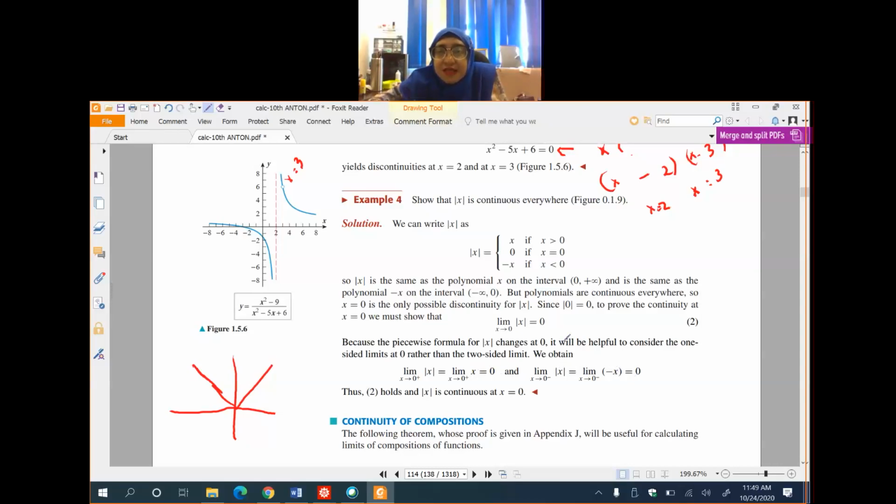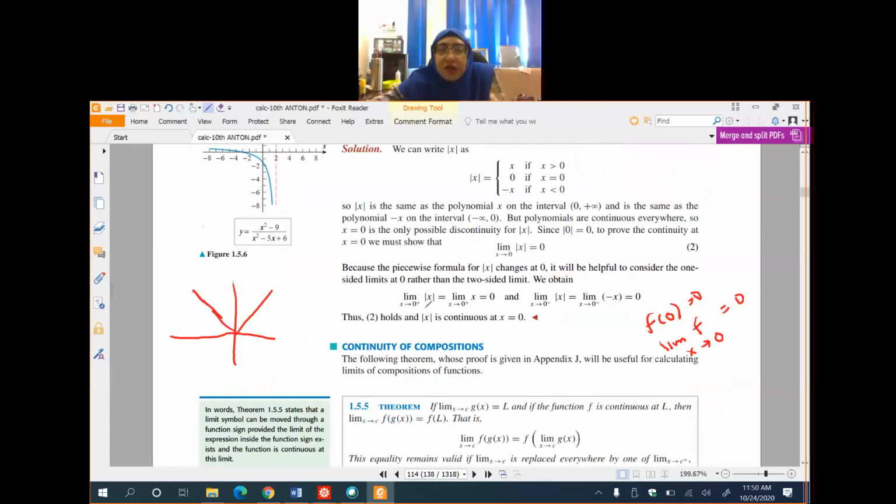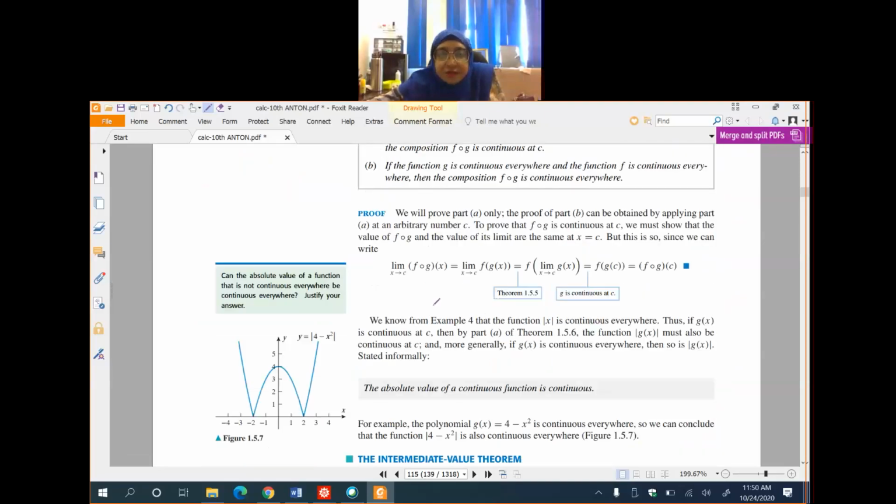It means that the limit exists, and it is equal to f of 0. f of 0 is equal to 0, and it is equal to the limit of f(x) as x tends to 0 from either side. Since these are equal, we know that the absolute value of x is a continuous function. Okay.